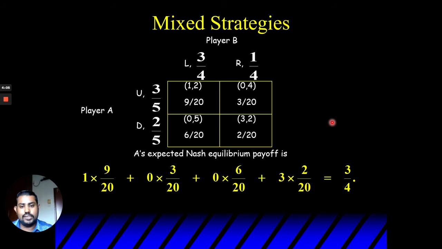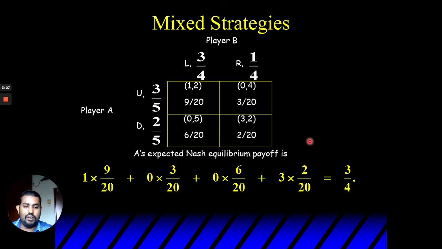Second, you can now calculate A's expected Nash equilibrium payoff. If you want to find A's, it is always for the first player, correct? So we take this 1 times the probability, which is 3 over 5 times 3 over 4, so 9 over 20, plus, taking the first value again, 3 over 20 times 0, plus 6 over 20, and finally plus 3 times 3 over 20.